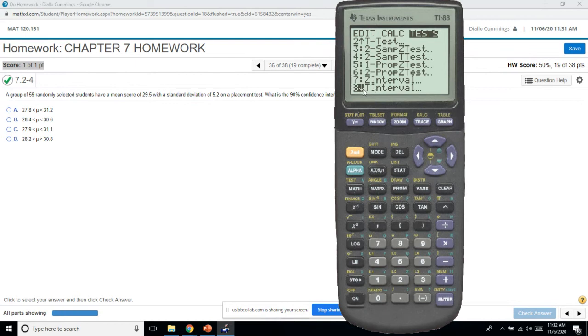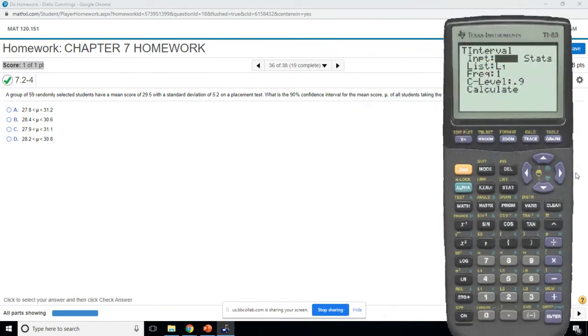Since we don't, we're going to use a T interval. So once I hit T interval, I'm given the option to either enter in the data or I can put in the statistics. So here I have the statistics. The statistics would be the calculated mean, so I'm going to put that in as 29.5. The sample standard deviation is 5.2.